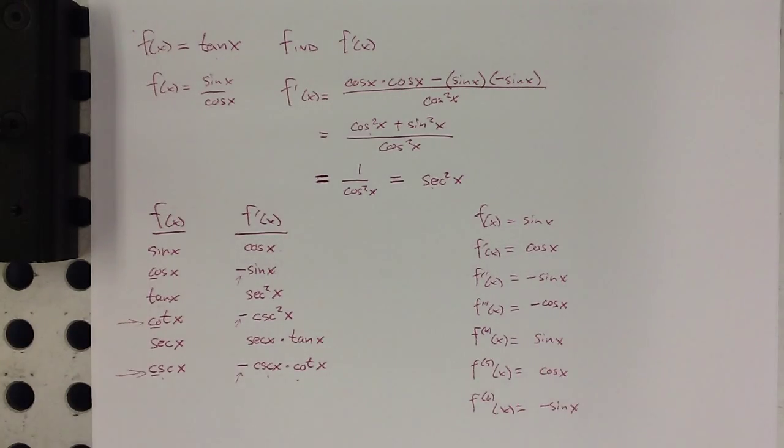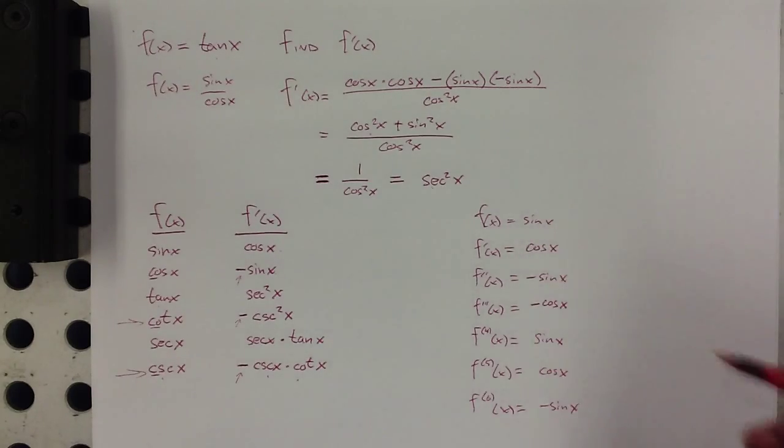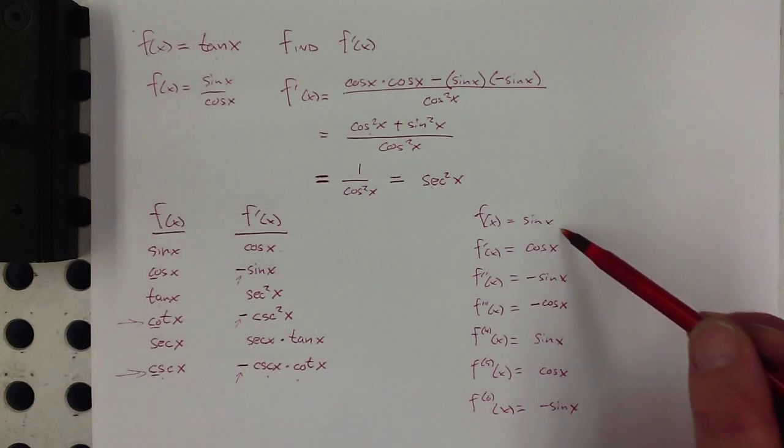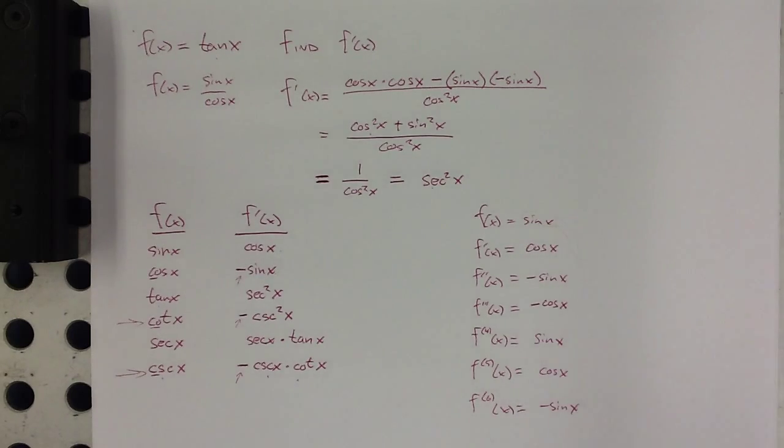So then it just repeats over and over again. So unlike, for example, the derivative of x to the third, it's 3x squared. And then you do it again, you get 6x. You do it again, you get 6. You do it again, you get 0, and then it's forever 0 after that. This just spins around in circles, right? It just keeps going and going. Is there anything else you've ever seen that followed a pattern like this, like a 4 cycle like this? Can you think of anything else?